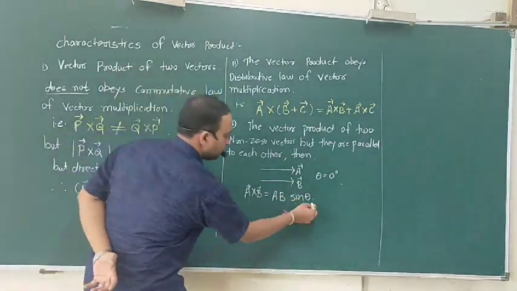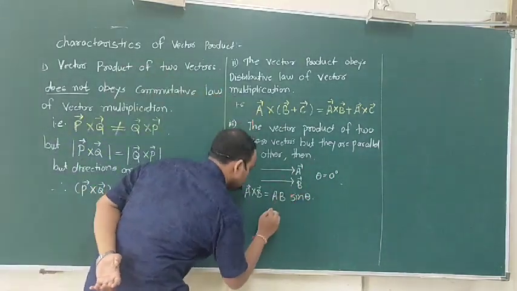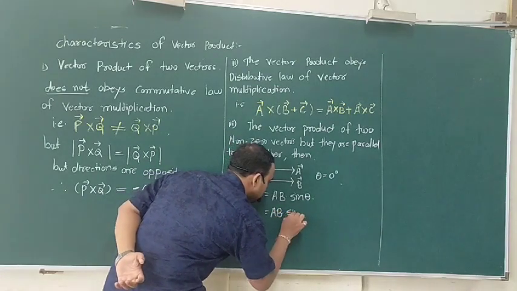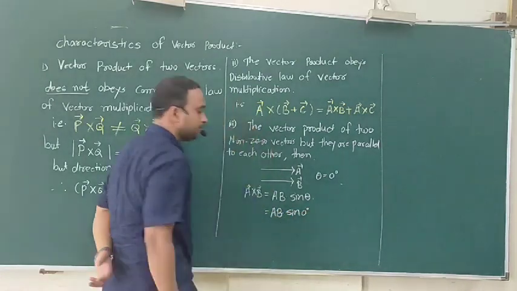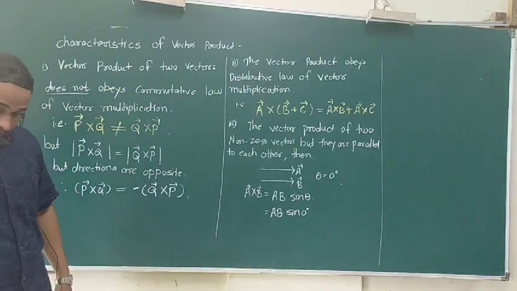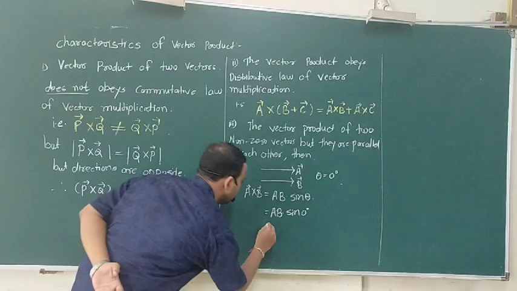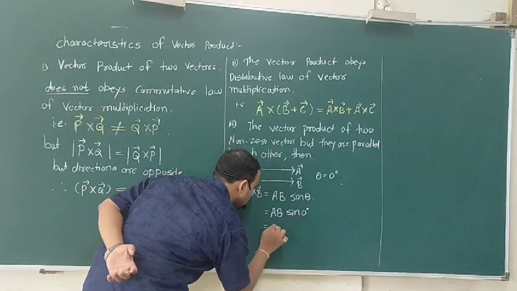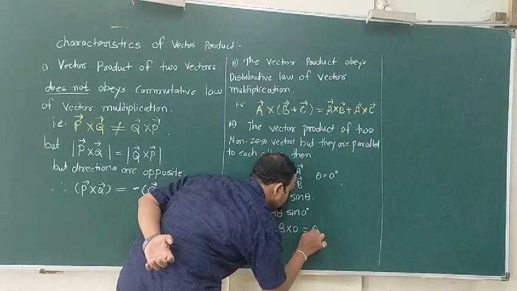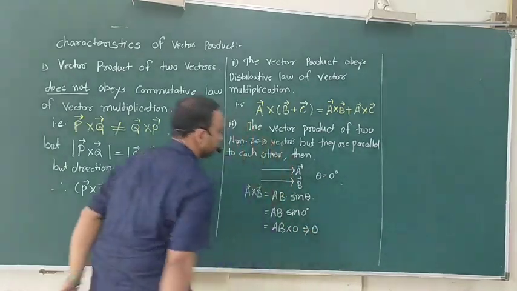Now substitute the value of theta, so we get AB into sin 0 degree. Now the value of sin 0 is 0. That means AB into 0 is equal to 0.